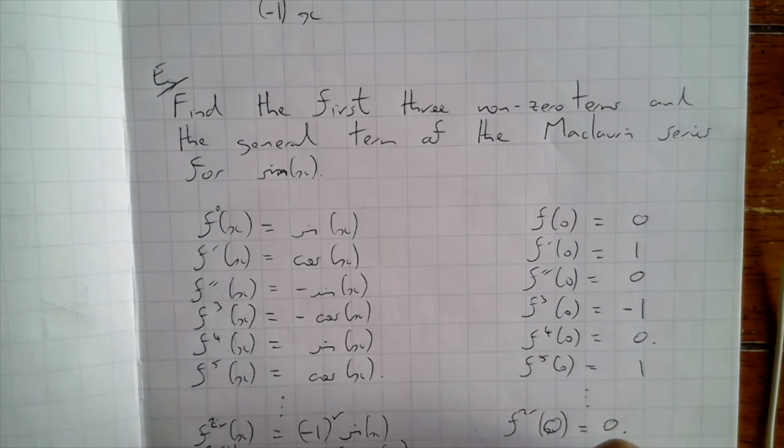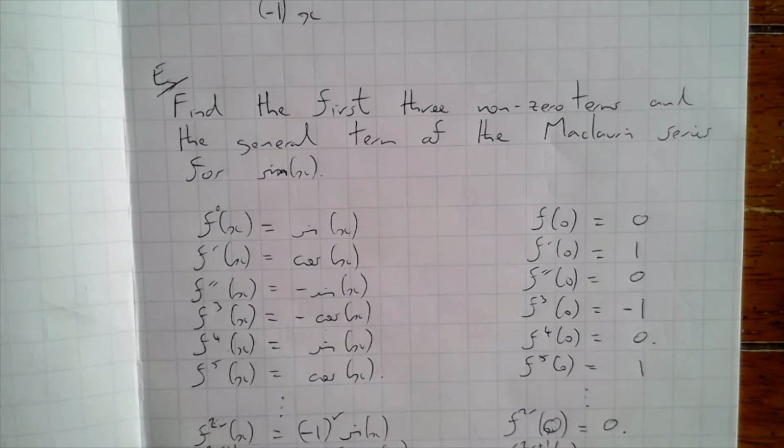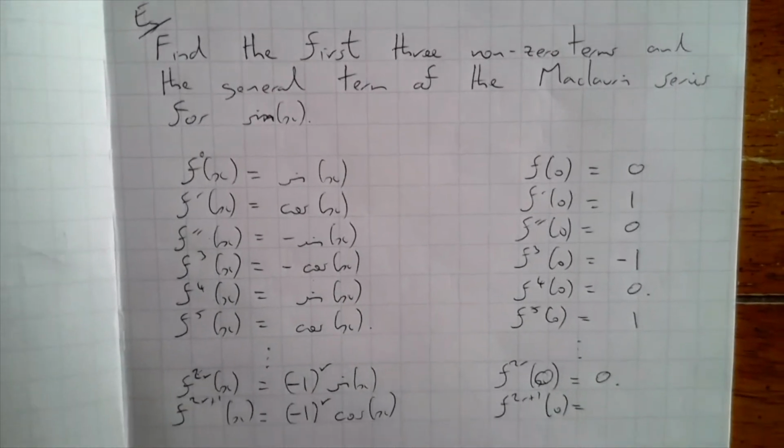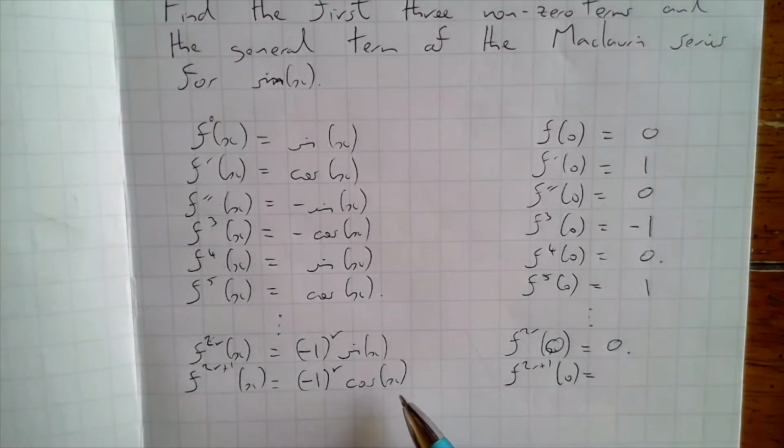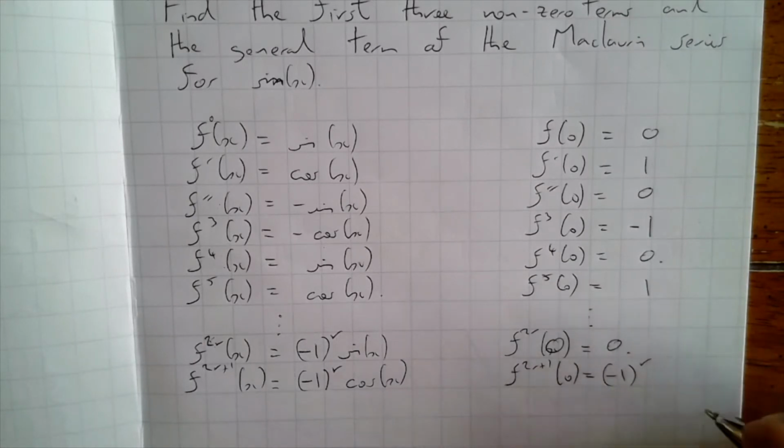And if I start going through the r's, this will become minus 1, then 1, then minus 1, then 1, etc. F of 2r plus 1 evaluated at 0, well, cos x of 0 is 1, so that just leaves me minus 1 to the r.